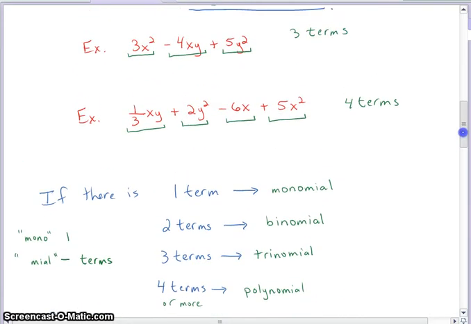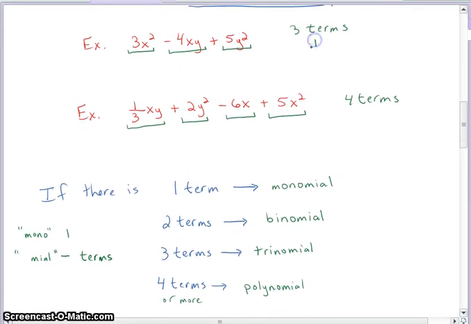So if I go back, if I look at this three-term polynomial here, this is called a trinomial. This four-term polynomial we would just call a polynomial. There's no special word for more than four. Poly just means many, right? Many sides, or many terms.